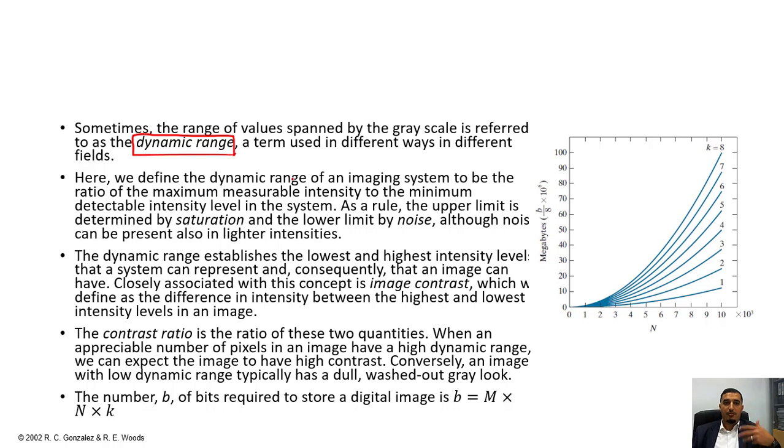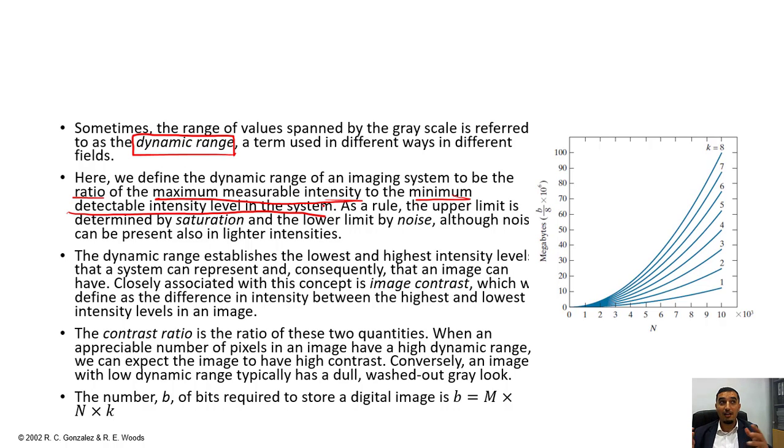If you hear people talking about an image, they say this image has a wide dynamic range. The dynamic range is the ratio between the maximum measurable intensity and the minimum detectable intensity.